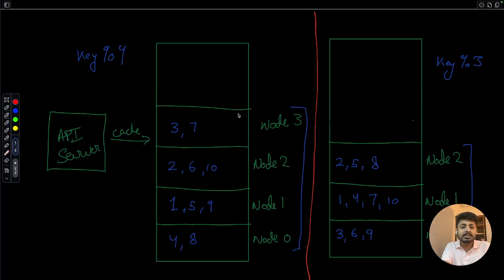Earlier, you were using percentage 3, and now you have to use percentage 4. So that means you have to remap all the keys in the system and align them to the four servers. So now, maybe this isn't a scalable distributed approach, right?